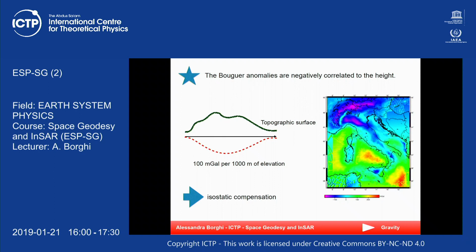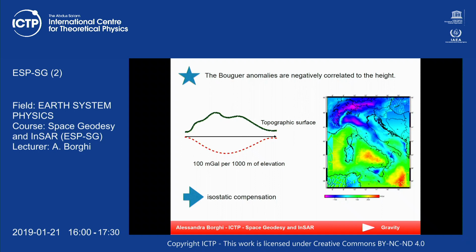Okay. What we can see is the Bouquet anomaly for the gravity data. You can see some lines because this is computed not using gridded data but using the observations. For each point of observation, I compute the Bouquet anomalies. You can see a regular distribution because we have a dense gravity data set in the Italian peninsula. We have some problems along the Alps because it's not easy to do gravity measurements.